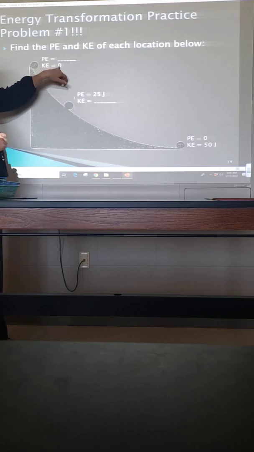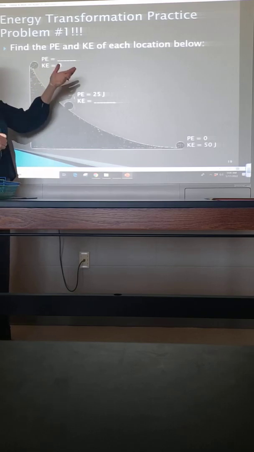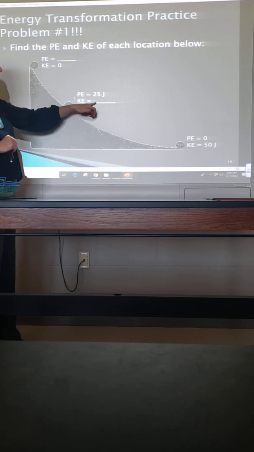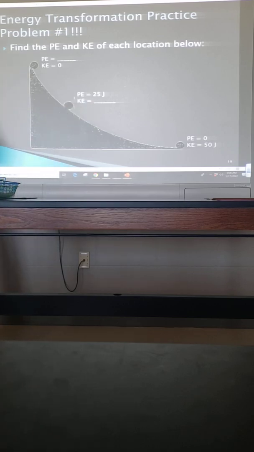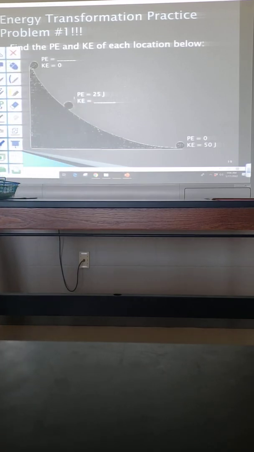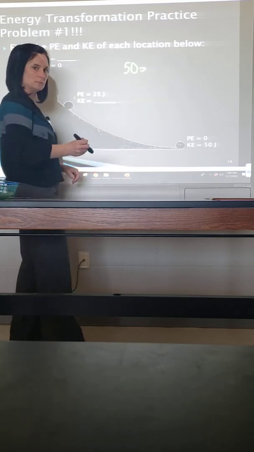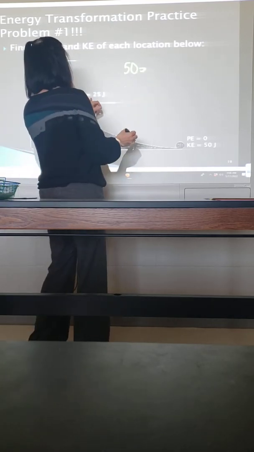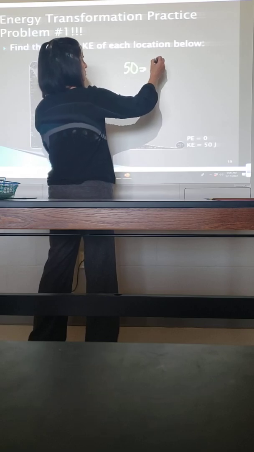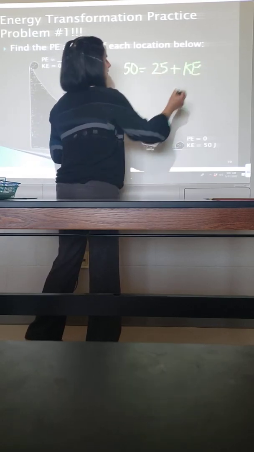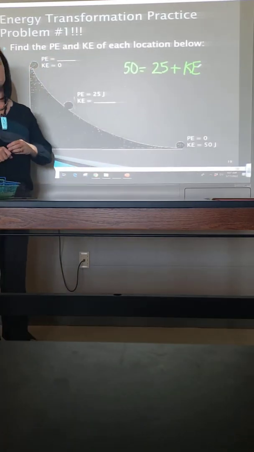If I have 0 of kinetic and a total of 50 joules, what does my potential have to be? Has to be 50, right? And then over here, we can set it up like a simple algebra equation. If we know my total is 50, and my potential is 25, and my kinetic is unknown, how am I going to figure out my kinetic?